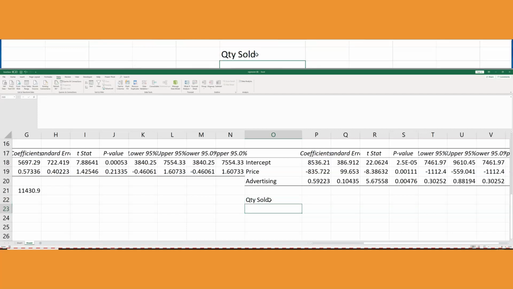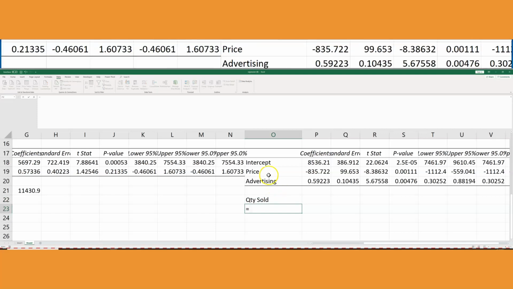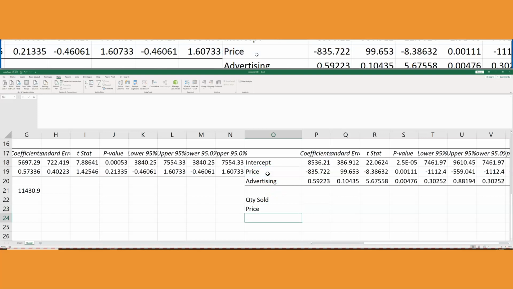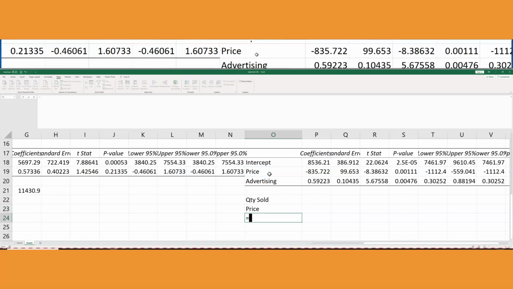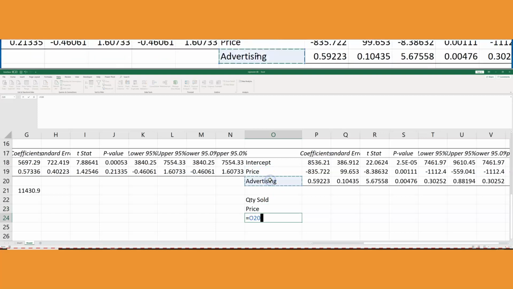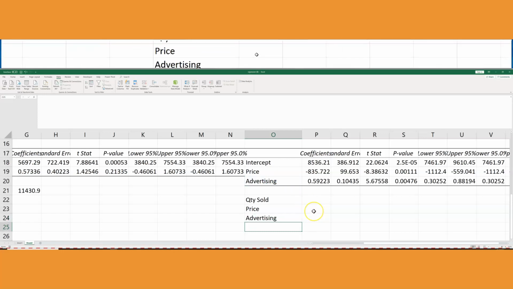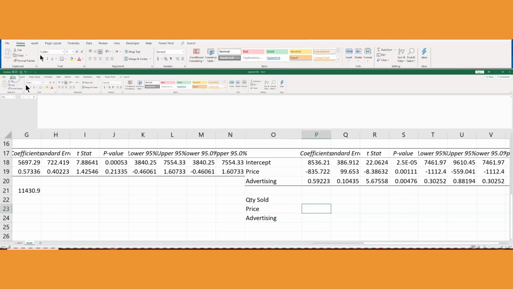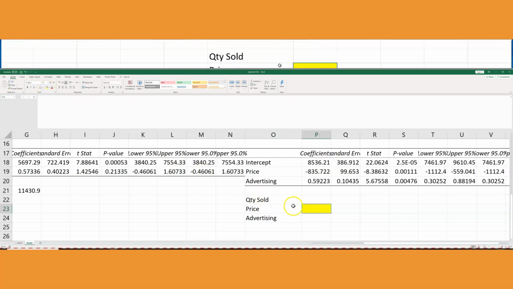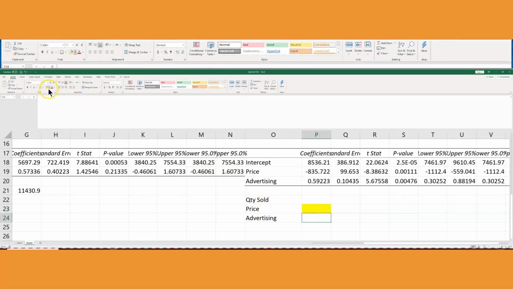Okay, and I could say the advertisement, the price. Let's put the price here. And of course, we could put the advertising here, and we put the price right here. Let me do it here. And this is also the advertisement here.